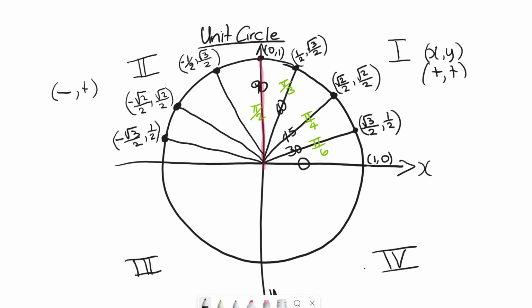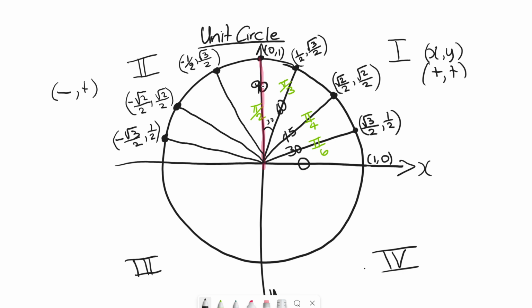Now, one might be asking, well, what about the degrees and the radian measure? Well, let's think about it. If we're still doing our symmetry and corresponding angles, then notice that between 60 and 90, we have a 30-degree angle here, right?